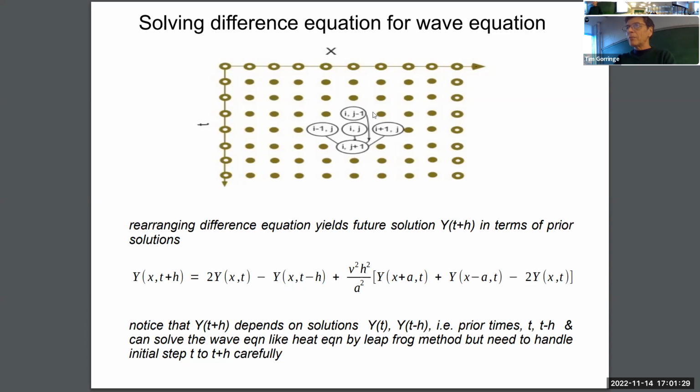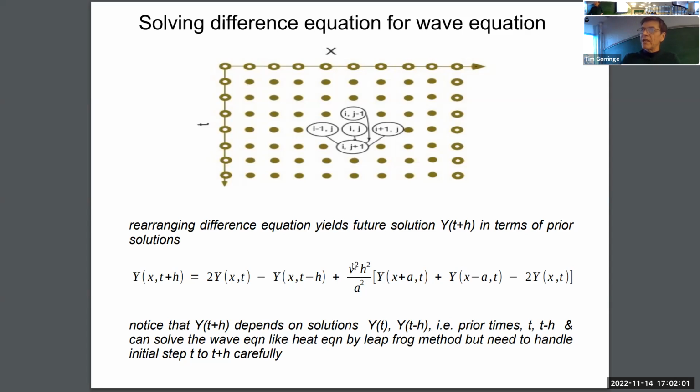And what this little picture is showing you is that it's a function of the values of the function at this earlier time and this even earlier time. And it's dependent on the values of the function at the same x coordinate here and the neighboring x coordinates as well. And so all that is in the right-hand side of this equation here.